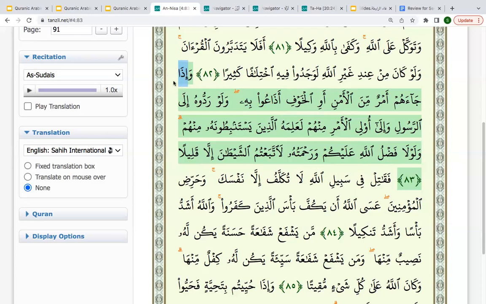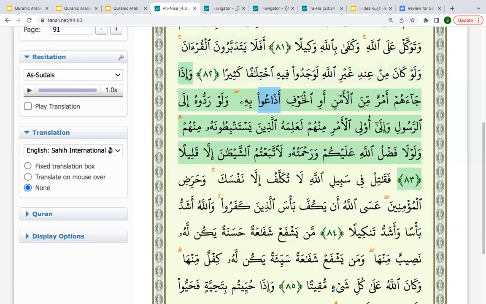Zarf is by default nasb. Very well done. It is nasb, mutalik bil fail, or to keep your job very easy and simple, mutalik bil jawabu shart.